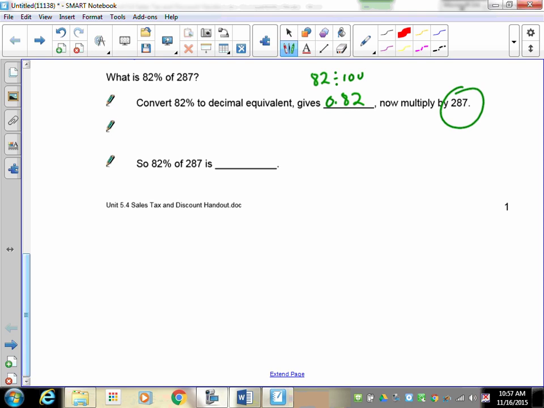So 0.82 times 287 is 235.34. So 82% of 287 is 235.34. There you go.